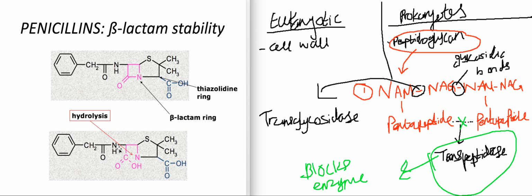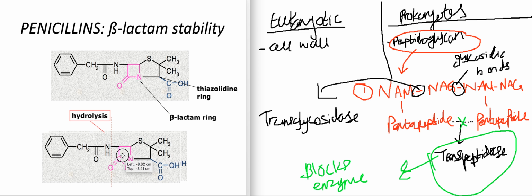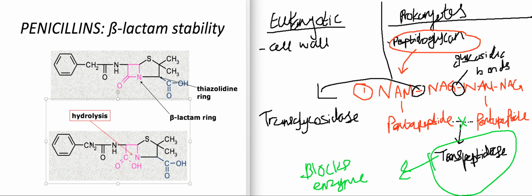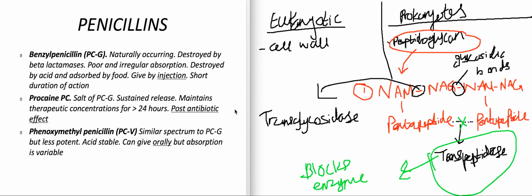If it breaks down this beta-lactam ring, it basically means the penicillin becomes ineffective. Examples of naturally occurring penicillins include benzylpenicillin, procaine penicillin, which is a solid version of it, and phenoxymethylpenicillin.